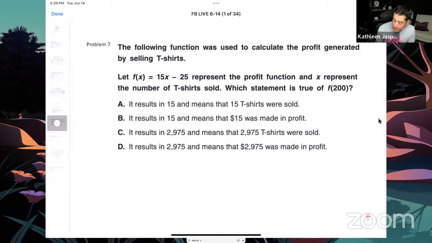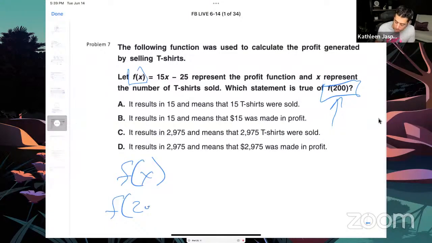some people get very confused as to what this is. So let's just look at this and take this, for example. If I have f at x, and then I have f at 200, what do you see here? You see x here, and then you see 200 here. The f and the parentheses are all the same.